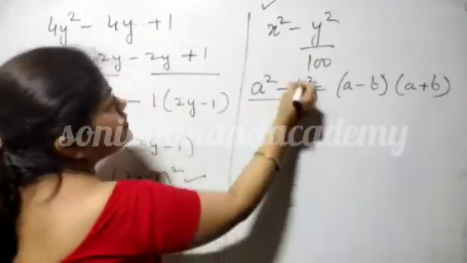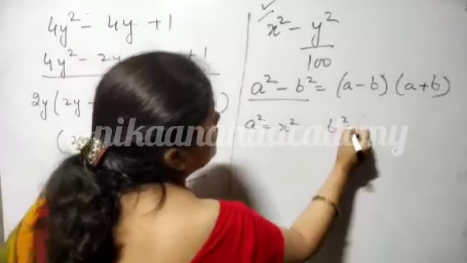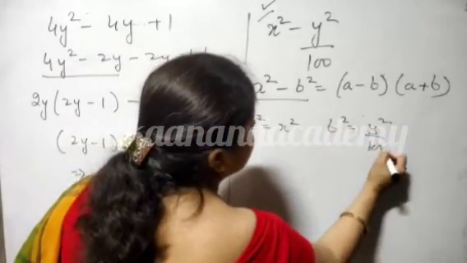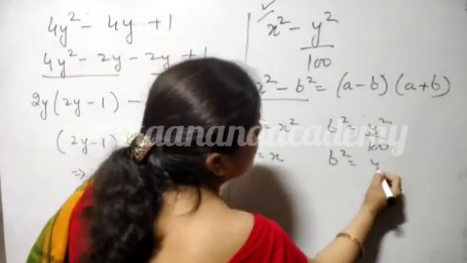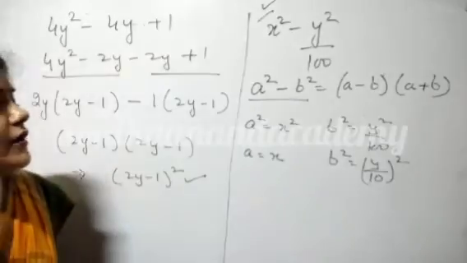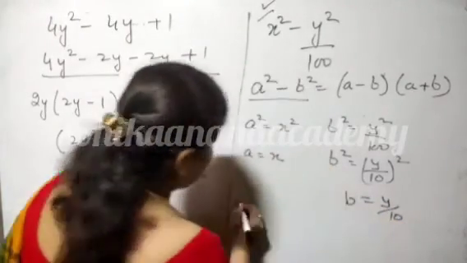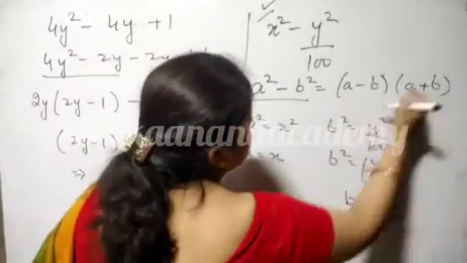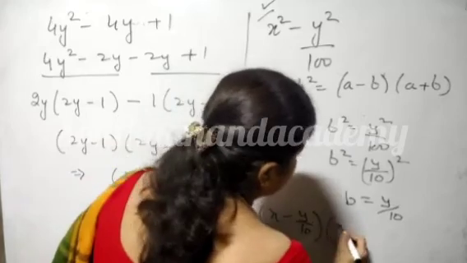That means you compare these with this. So a square is equal to x square, b square is equal to y square by 100. So a is equal to x, and here b square is equal to (y by 10) whole square because 10 tens are 100. So the value of b becomes y by 10. So directly, what is the answer? This is the answer: (x minus y by 10)(x plus y by 10).